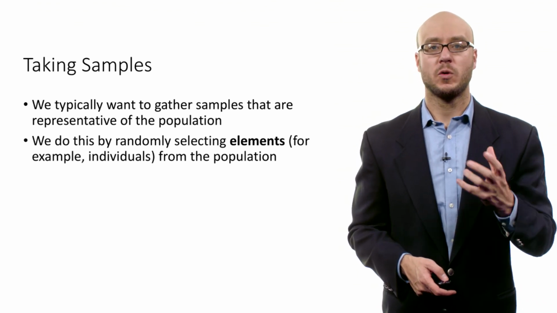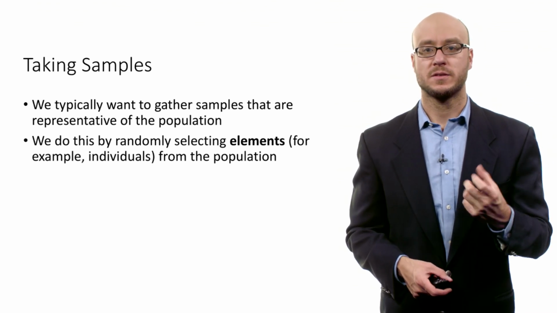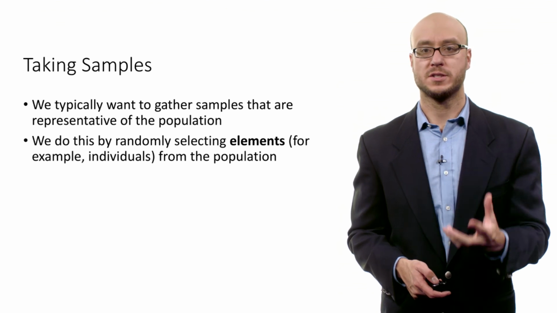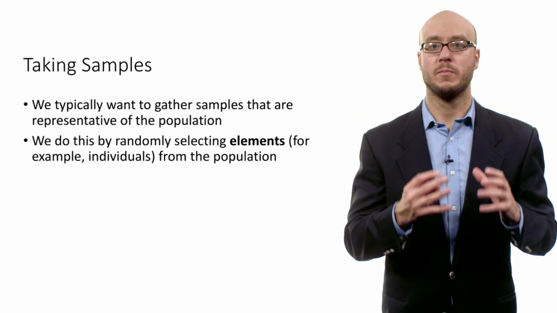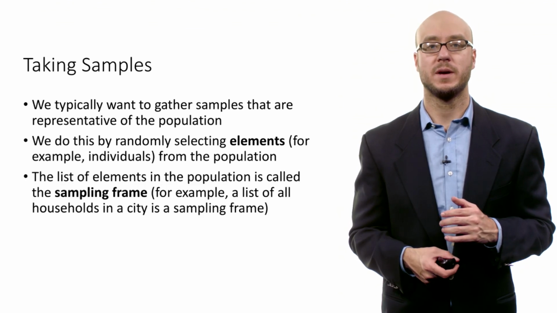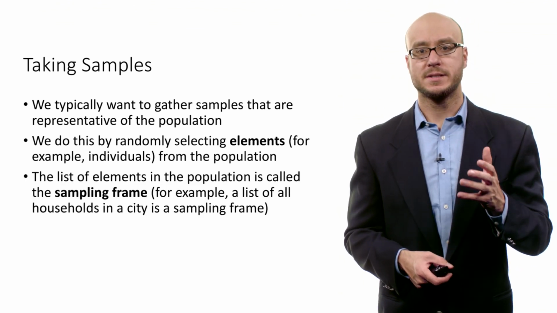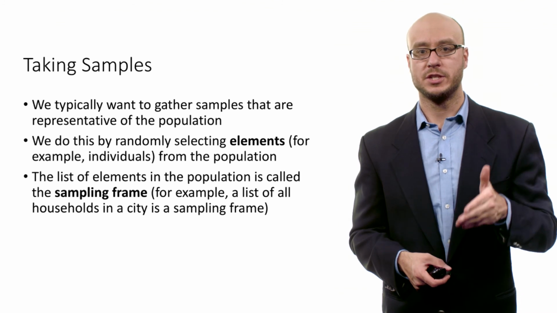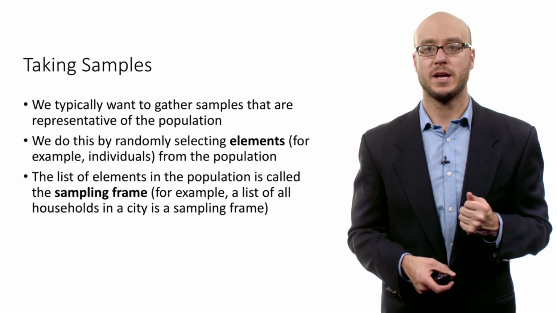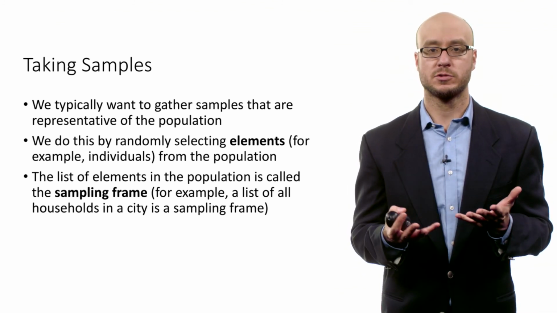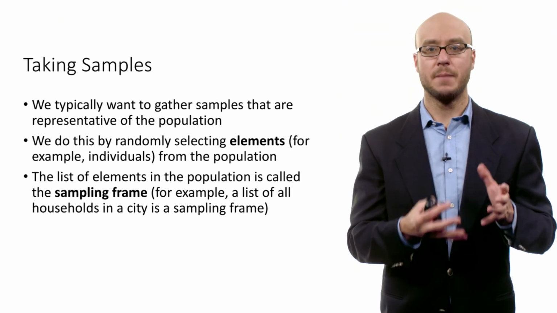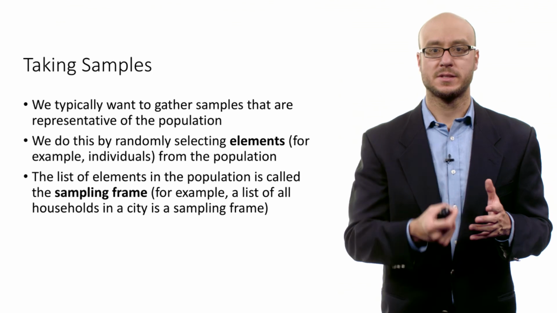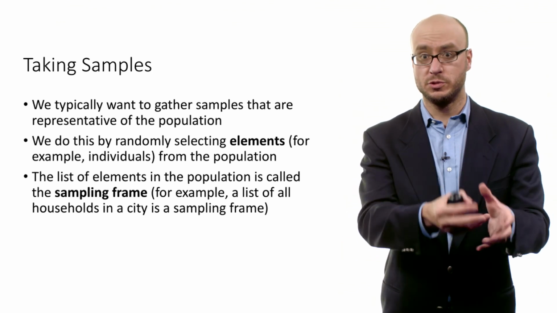The idea is that we're going to randomly select elements from the population. So this process of random selection is very important for making inferential claims about that population. All those elements in the population, we call that a sampling frame. So elements in the social sciences are typically individuals, and the sampling frame is a list of all the individuals from which you sample.